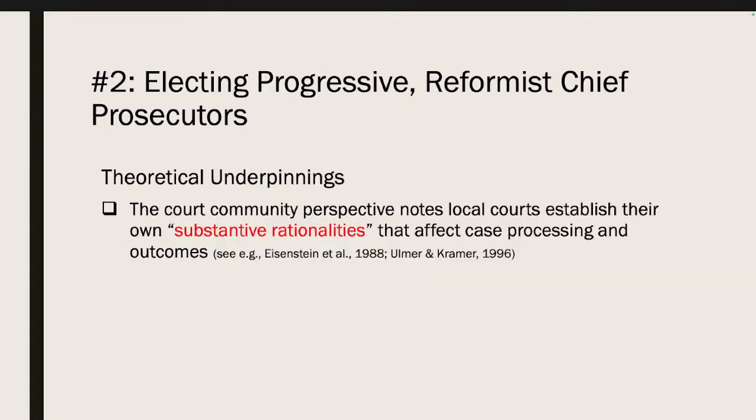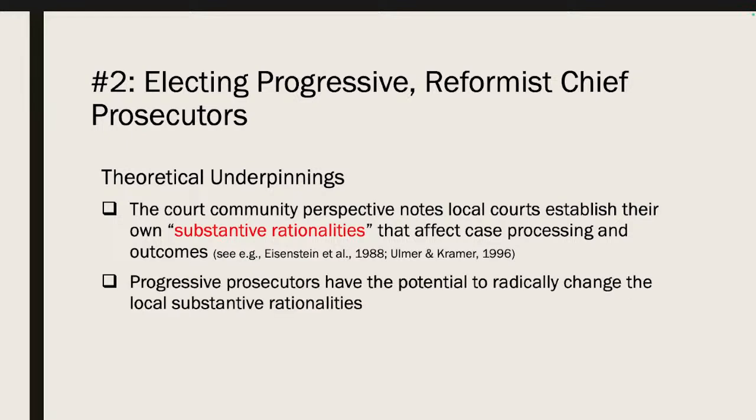Again, theoretically, this solution has considerable theoretical evidence to support that it may work. For example, the court community perspective notes that local courts establish their own substantive rationalities that define who and when sanctions will be deployed. And these substantive rationalities are key drivers in determining case outcomes and the process used.